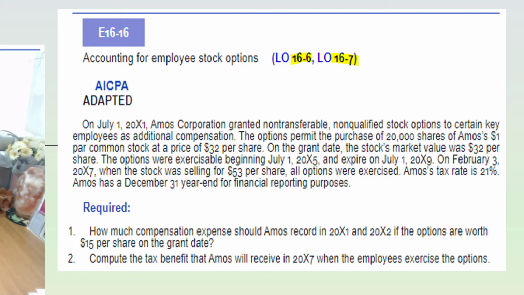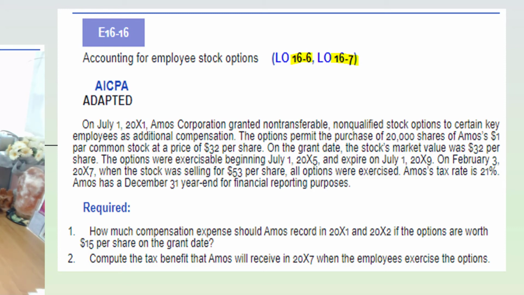The options were exercisable beginning July 1st, 20X5 and expire on July 1st, 20X9. On February 3, 20X7, when the stock was selling for $53 per share, all options were exercised.